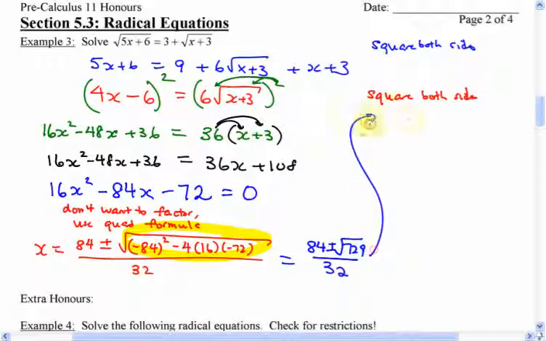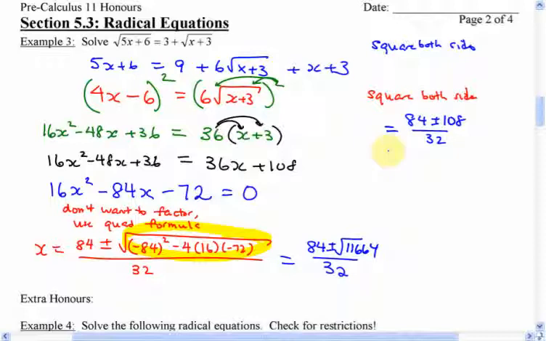So I'm just trying to show all the work here. 84 plus or minus 27 over 32. No, that's not right. Do I have to do it myself? Okay. Thank you.